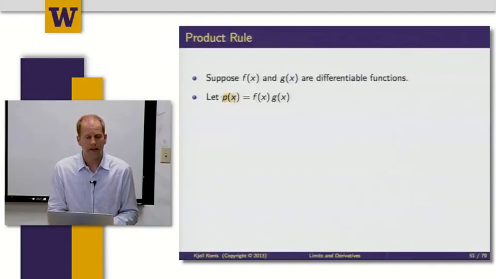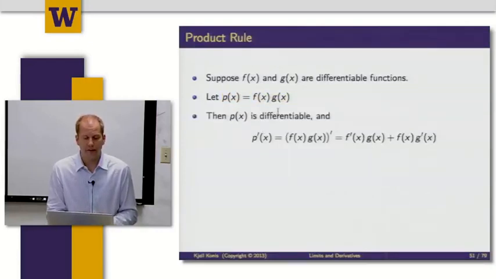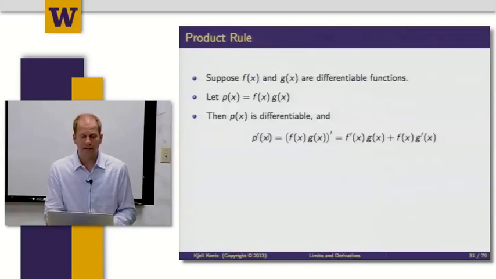Suppose I'm given a function p of x, and I can see a way to write it down as a function f of x times a function g of x, and I want to take the derivative of p of x. So p of x is differentiable, and the derivative is p prime of x.